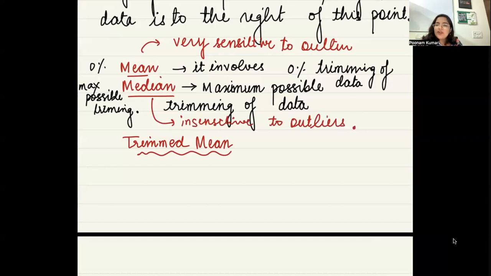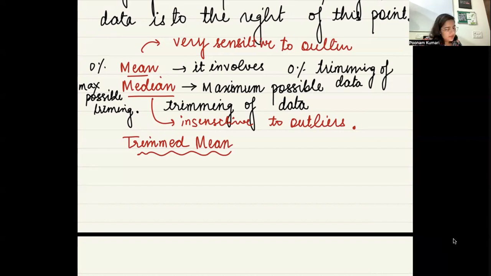So now we are looking for a middle ground, which is in the middle of these two. So the trimmed mean takes care of this. It's a middle ground between mean and median. You are trimming something, but not everything like we do in the median.